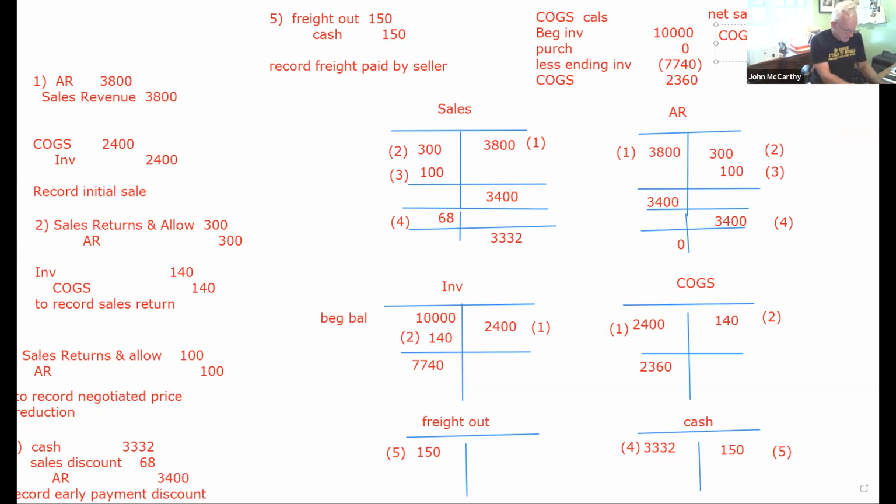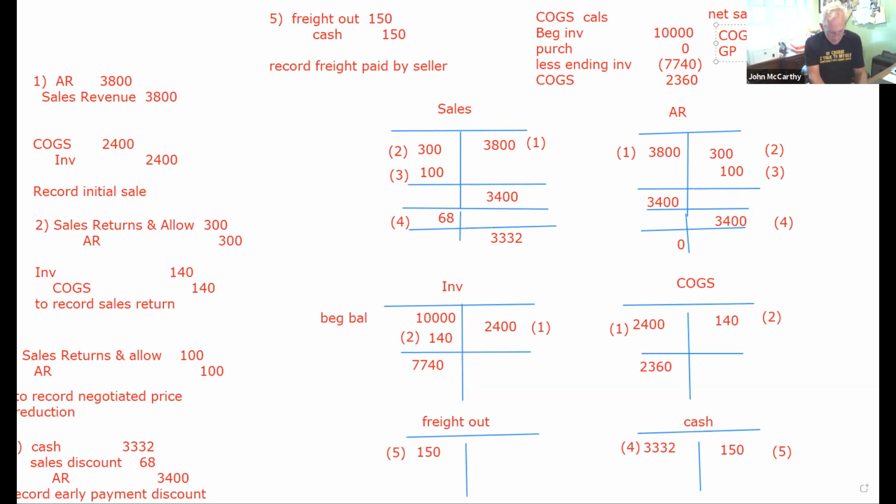And when you do that, take that, gross profit is going to be 972, I think. If I did it right in my head, gross profit's 972. Looks right.